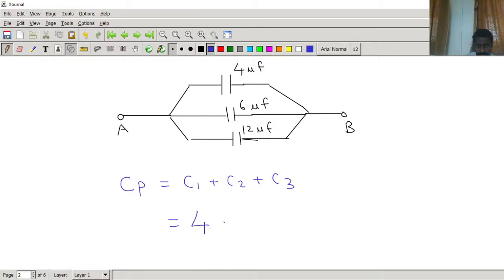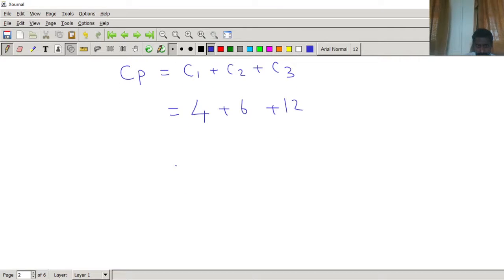C1 is 4, C2 is 6 and C3 is 12. So 4 plus 6 is 10, 10 plus 12 is 22. So the answer is 22 microfarad. In our parallel combination, the total capacitance is 22 microfarad.